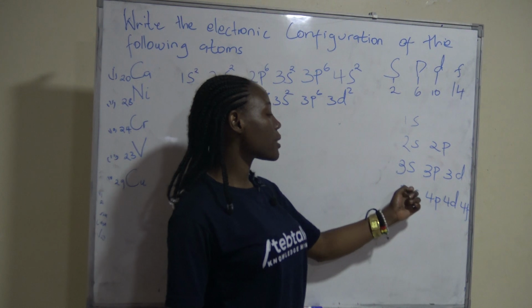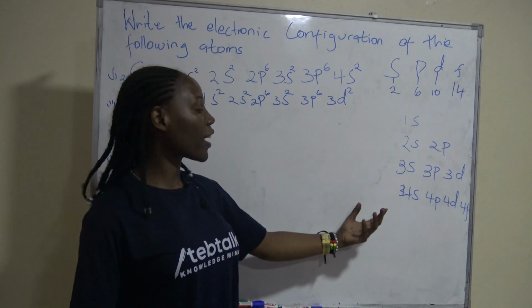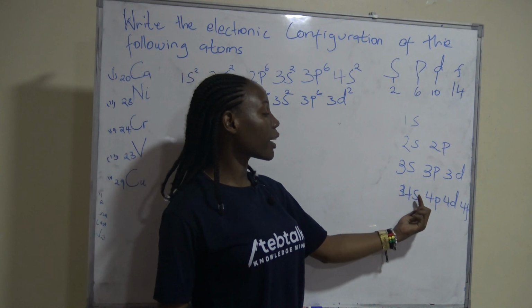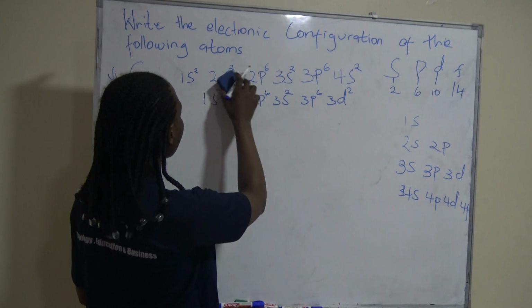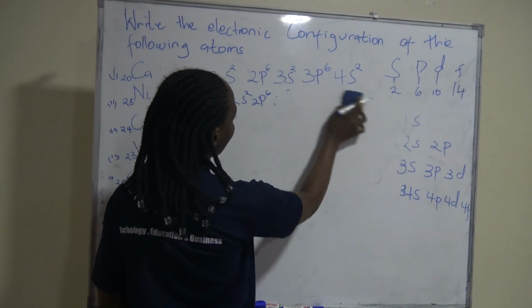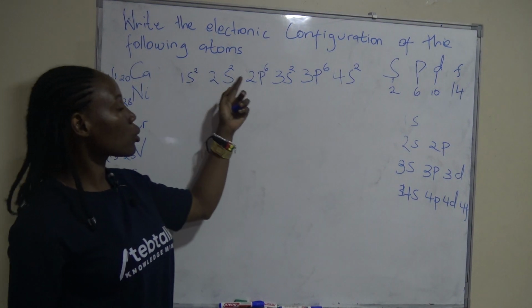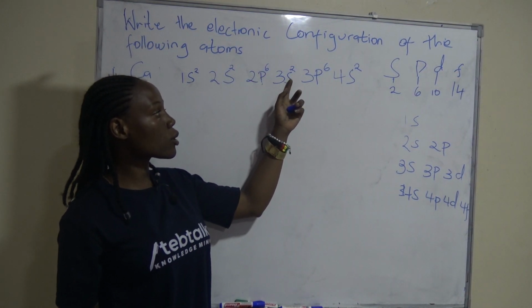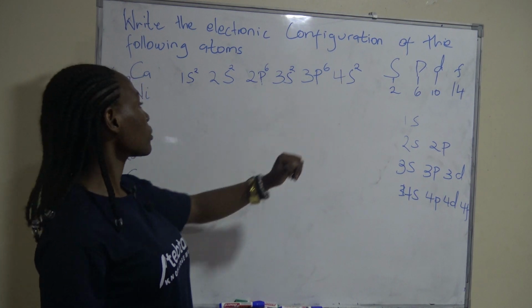The 4s and the 3d overlap. So when they overlap, the 4s gets filled before the 3d, making the electronic configuration of calcium 1s2, 2s2, 2p6, 3s2, 3p6, and finally 4s2.